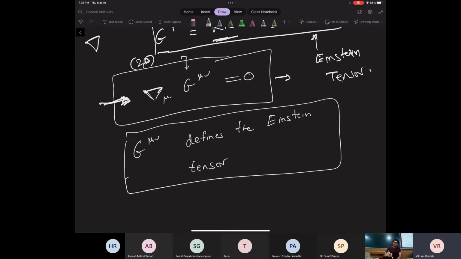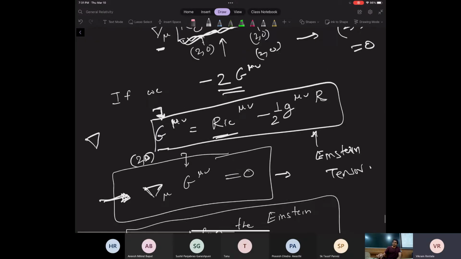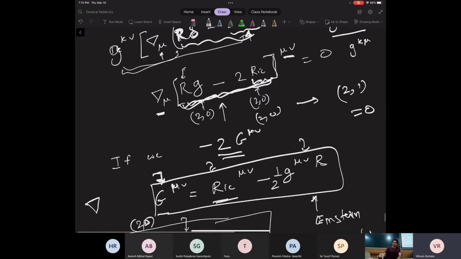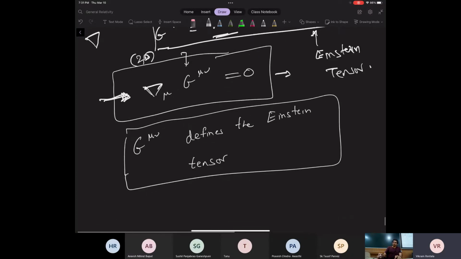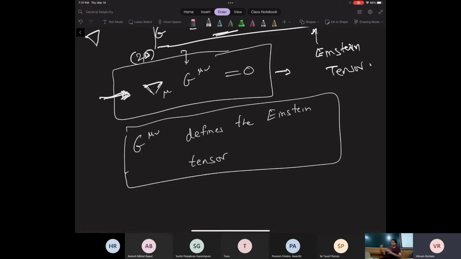This is just some identity that we've proved about some particular combination of the Ricci tensor and the Ricci scalar. At the moment this doesn't seem to be particularly significant. What we'll see later is that this is actually significant when you try to write down the equations of general relativity.